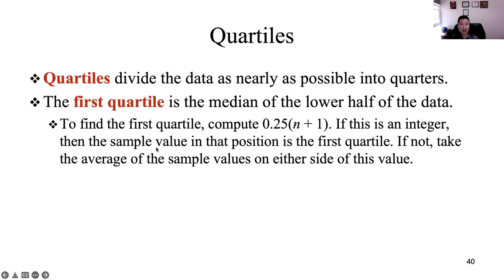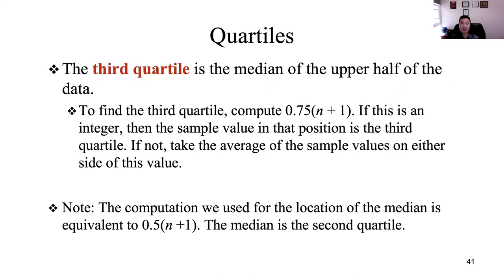So that's the first quartile. The second quartile will be the median, so 50%. Then the third quartile is the median of the upper half of the data. Similarly, we calculate 0.75 times n plus 1.